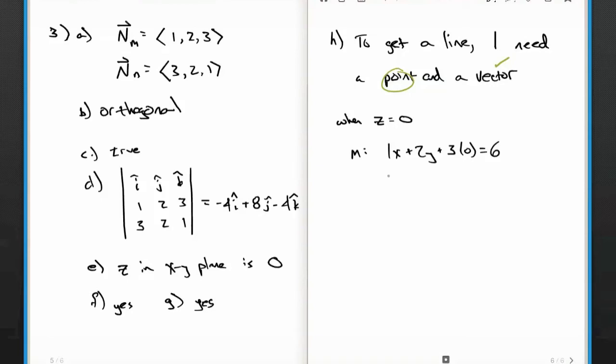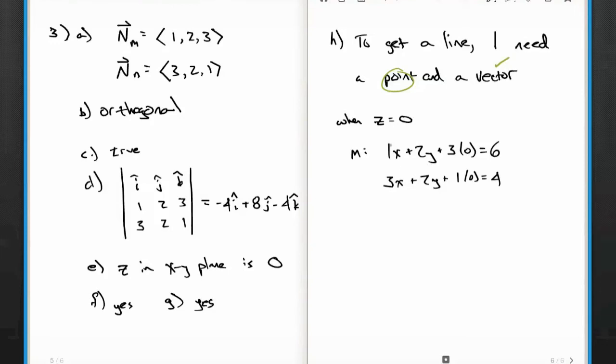And that also means that 3x plus 2y plus 1 times 0 must equal 4. Well, here, what do I have? I have the equation of two lines. These are the lines where this plane intersects the xy plane and this plane intersects the xy plane. So if I can find the intersection of these two lines, then I'm in great shape.